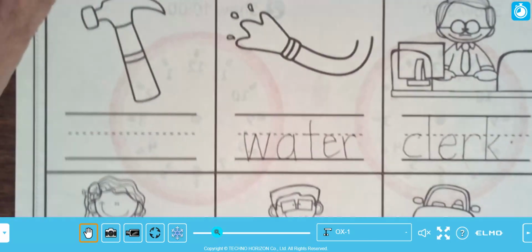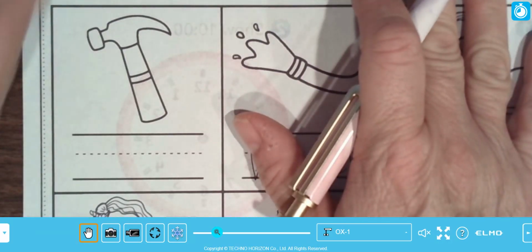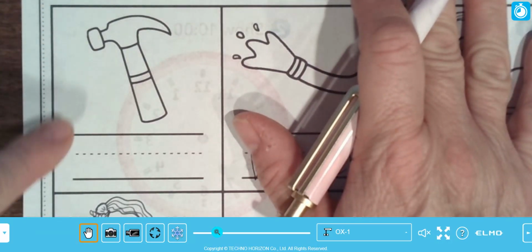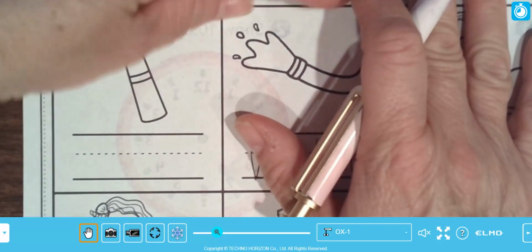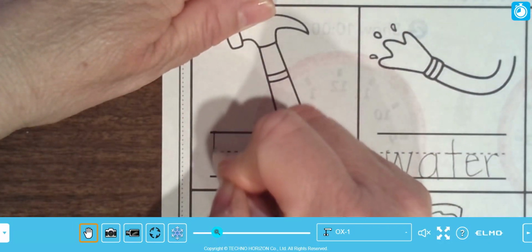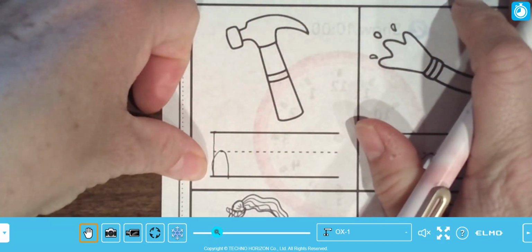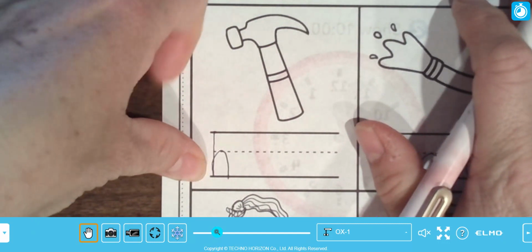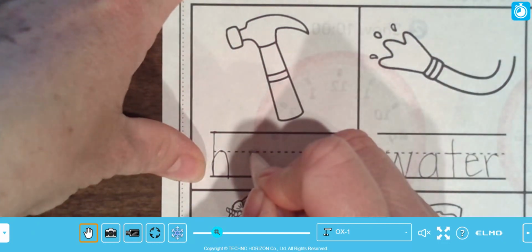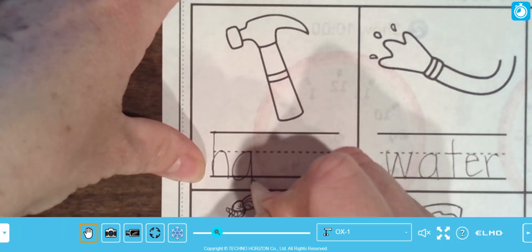All right. Do you see a hammer in the pictures? Yes, here is the hammer, right? So right here we're going to write down hammer. Here we go. Let's start. Starting at the dash line, down to the bottom, back up to the dash, down to the bottom.